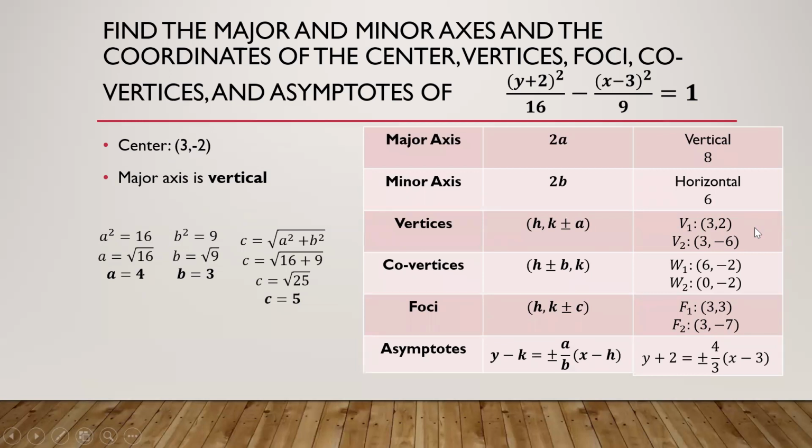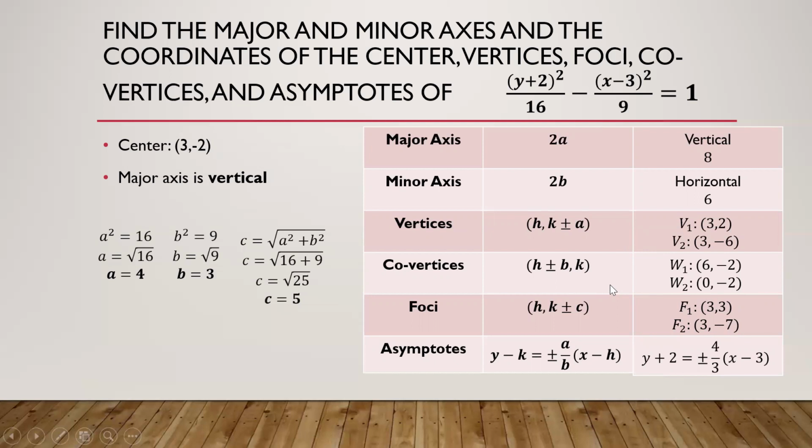For our co-vertices, it's h plus b, comma, k. So h plus b, that's 3 plus 3, which is 6. So 6, comma, negative 2. Next, h minus b, comma, k. So h minus b, that's 3 minus 3, which is 0. So the coordinates for the second co-vertex is 0, comma, negative 2. So just copy the k, which is negative 2.